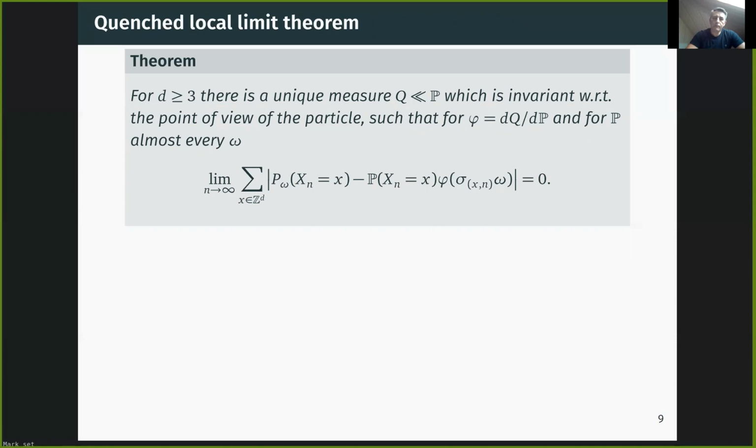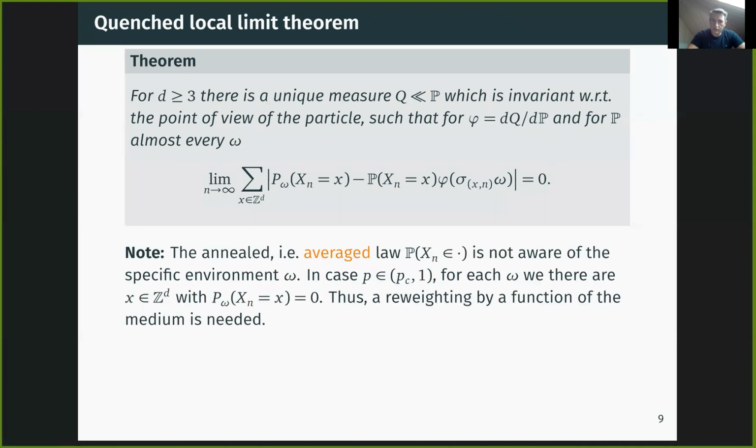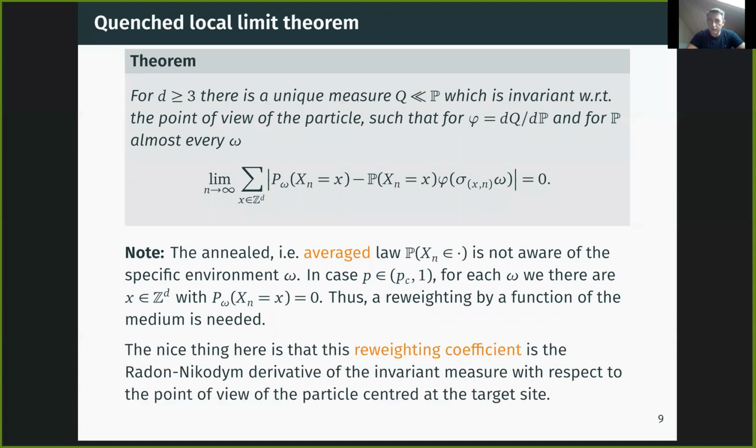And I haven't written what sigma is, but sigma is the shift operator which shifts the environment so that X_n becomes the new origin. Let me say two words more. So here, the annealed law is not aware of the environment because it is averaged over all the environments.